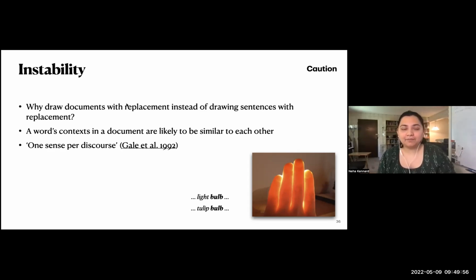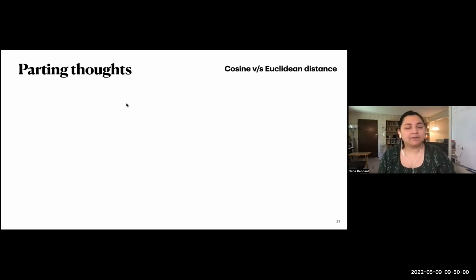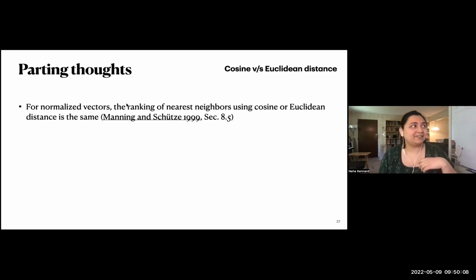I have a couple of parting thoughts that I think are nice to have written down somewhere. People are often asking why we use cosine versus Euclidean distance, and I wanted to just write it down. There are a couple of reasons to prefer cosine. First of all, if you normalize your vectors and rank nearest neighbors, which is the recommended way to analyze your results anyway, the ordering over nearest neighbors is the same using Euclidean distance or cosine.